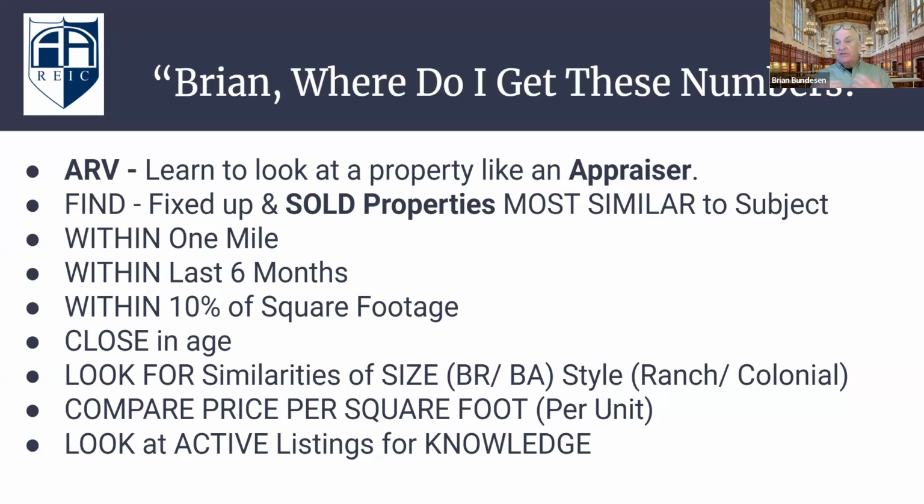I use the example of my house. My house is in a pretty upscale subdivision, but within a mile there are some properties that are not close in square footage to mine and don't compare to mine. But online algorithms like Zillow or Redfin just take in what's sold within a mile, recompute it by square foot, and then value my property that way, which is the wrong way to do it, but that's what they do.